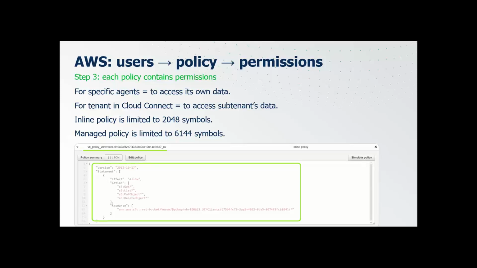But then, because this is Cloud Connect, we see the name of the tenant/clients/the UUID of the agent. And then there is the asterisk, which is inside this folder, this permission allows to read and write everything. So you see where we declare that whoever received this policy is only authorized to read and write inside that subfolder and not into the entire bucket. I hope this is all clear, because this is the key point of the entire thing.